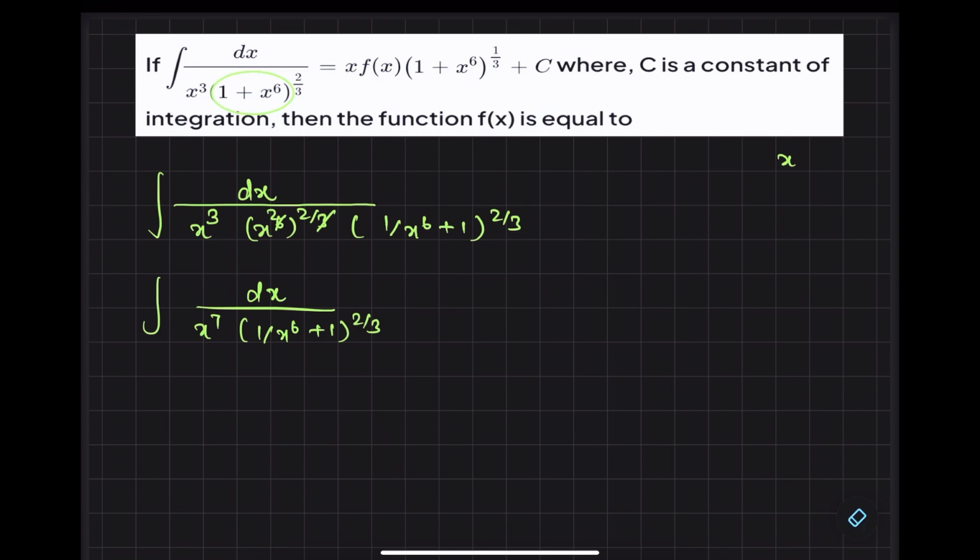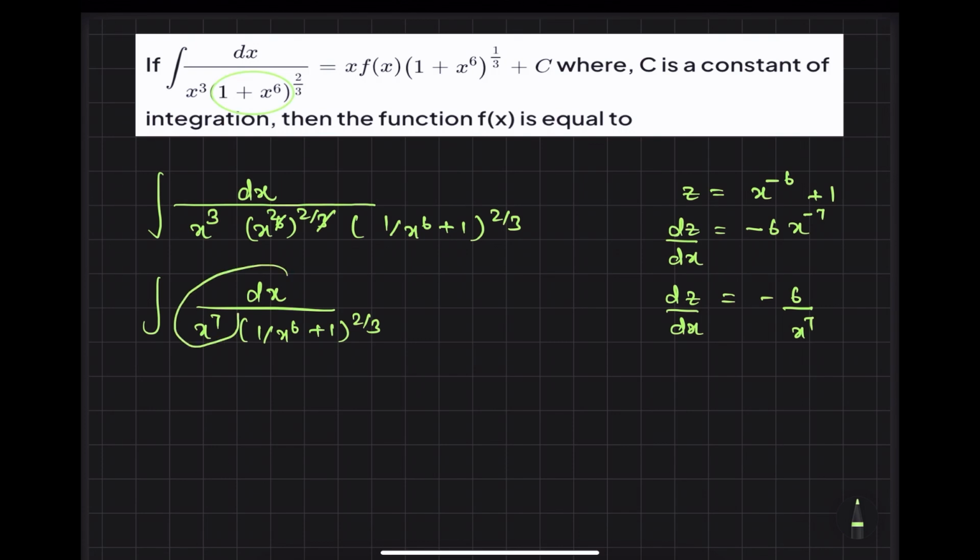Now suppose that we have taken z as x power minus 6 plus 1. Let's do the differentiation. So dz by dx is minus 6 into x power minus 7, and the differentiation of the constant is 0. So dz by dx becomes minus of 6 by x power 7.